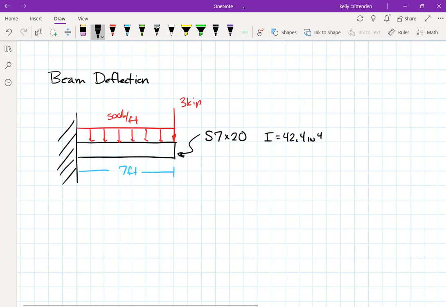Let's say that it's some kind of steel, and we go look up steel, and E is 29 times 10 to the 6 psi. So that's just the modulus of elasticity out of a chart somewhere. The S7 by 20 does assume that this beam is steel. I couldn't just say it's S7 by 20, but then change it to aluminum, right?